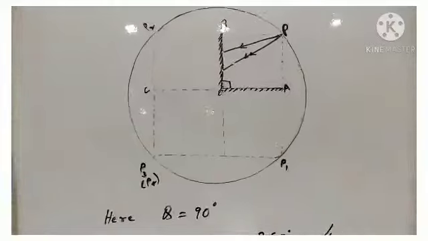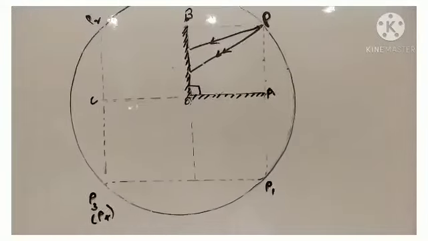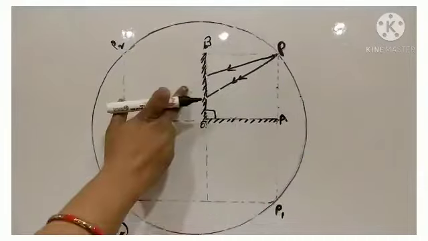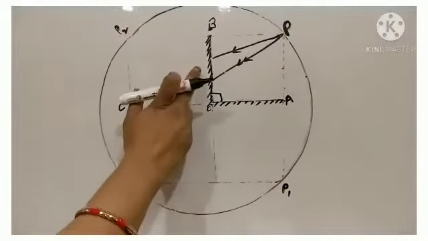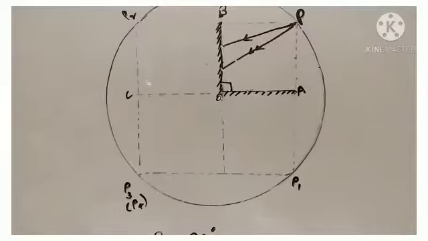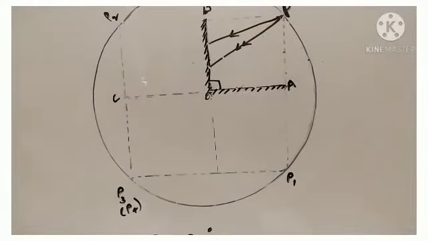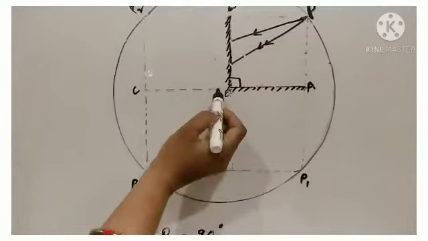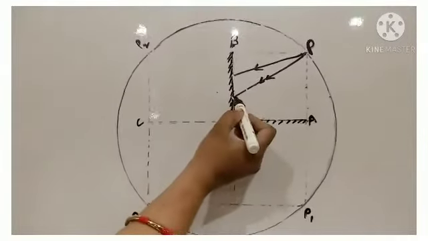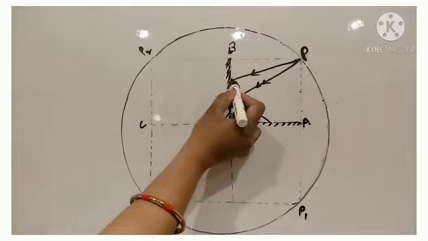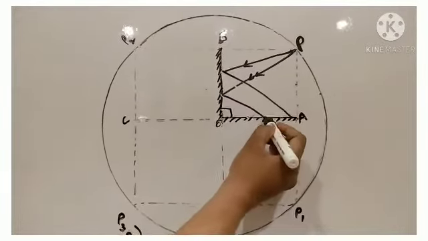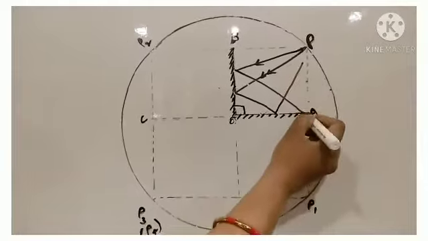An object is placed at this point P. The two incident rays we have taken strike this mirror OB and are reflected back, then strike the other mirror, and after that reflect back in the same medium.